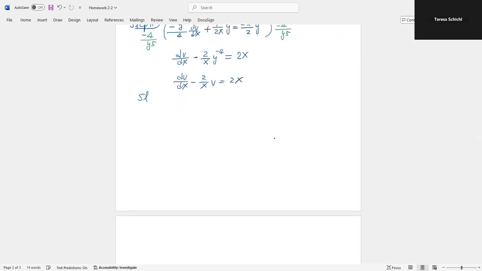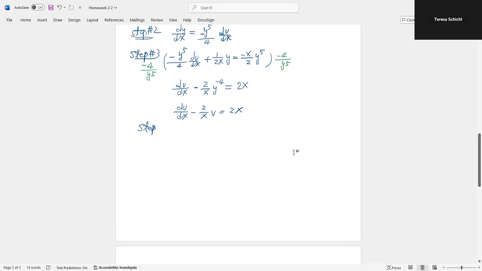After this, then this is the one first order ordinary differential equation. So number 4, I'm going to find the integration factor. So it's du/dx is equal to negative 2x times u. Now I want to solve for u, right?